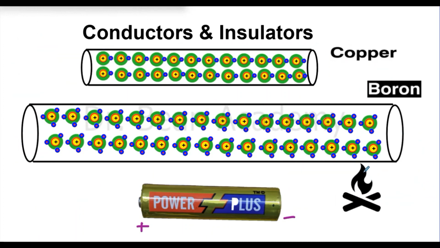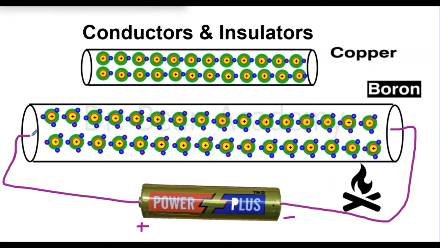Heat is energy, and heat will start shaking these outermost electrons, because they will get energy from the heat. They will start wobbling, and then they will loosen up from their nuclei. And then if I connect the ends with the battery, electrons will start flowing.